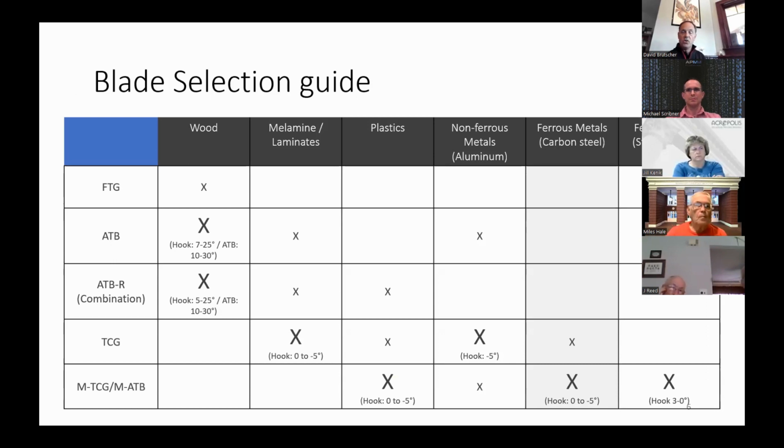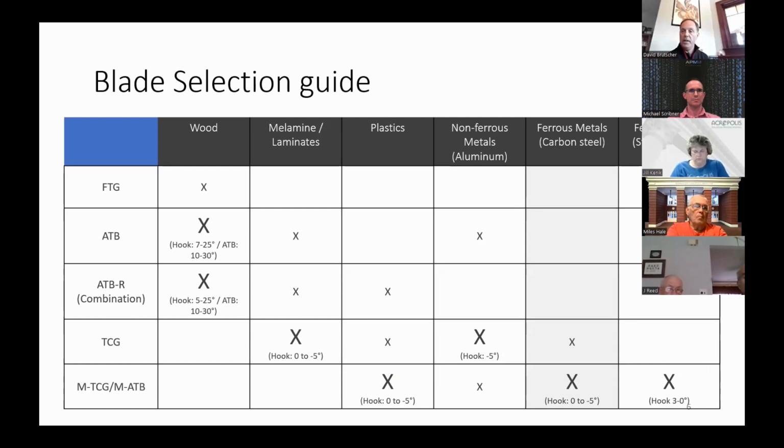Just a quick chart on the blade selection guide, to give you guys some details. The large X represents what I would refer to as the most favored blade to use for the application you're looking at and the particular tooth form. So the flat top ground blade is best in wood and ripping applications and grooving applications.